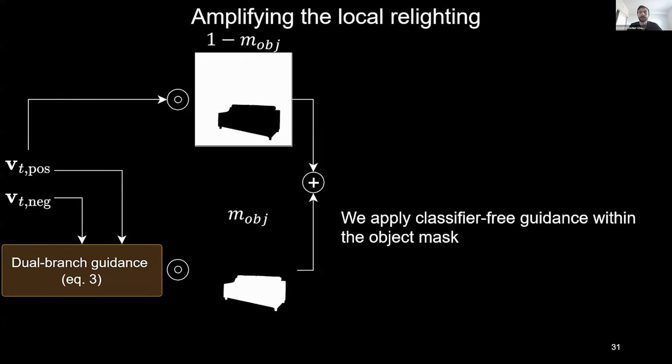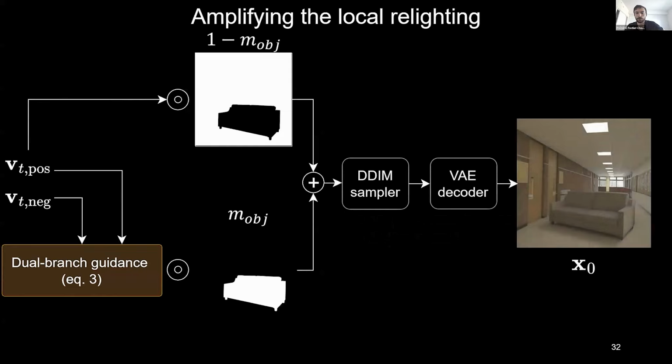Basically, we can adjust that. In practice, we set it to a gamma of 3. I didn't show it here, but we also find that we can use it to control the level of relighting. And at the end, we decode and we get the final image.